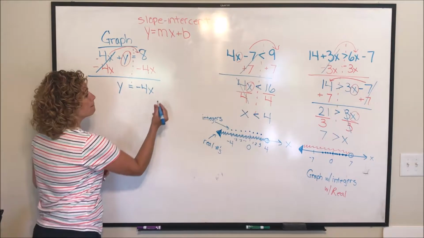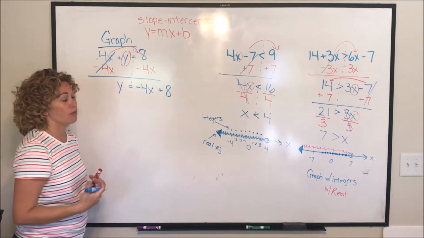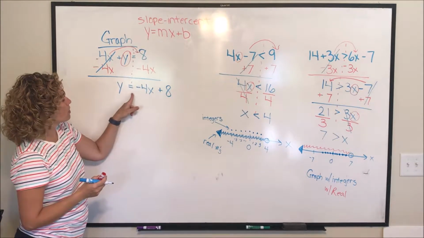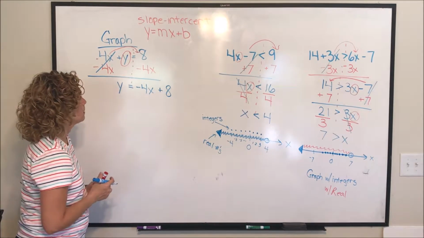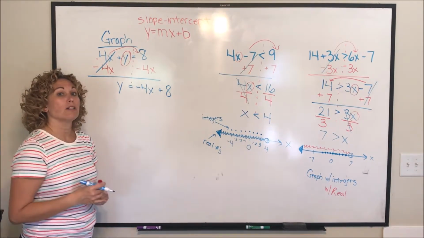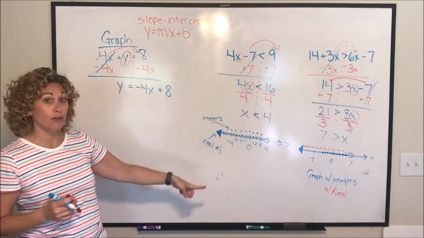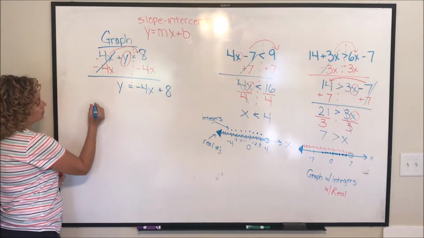Your 8 must stay separate, okay? They're not like terms. We now have this in the form y equals mx plus b. If you know how to do slope-intercept form, I'd like you to push pause and graph it. If you don't, we are going to set up a table.